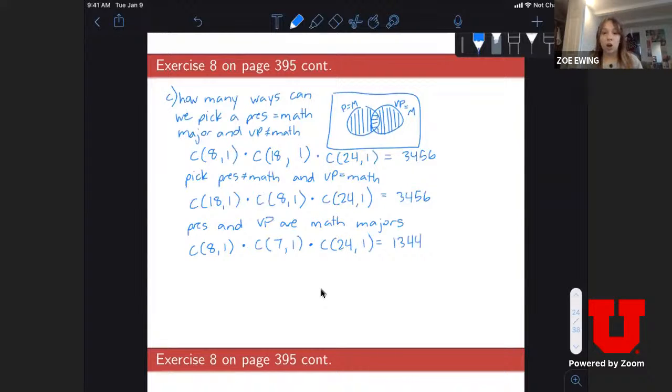Okay, so in this case, we know that we want to add these two for sure. But are we going to subtract this term or add it? And think of the Venn diagram that we've got up here.